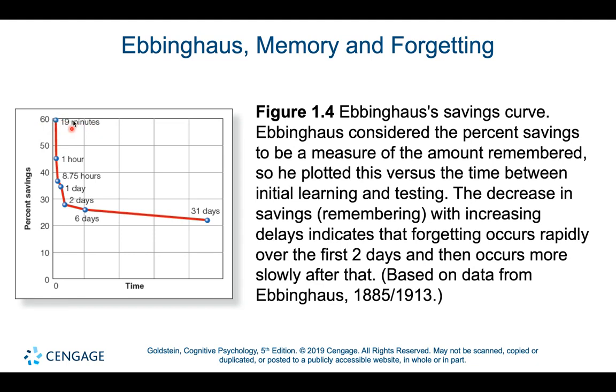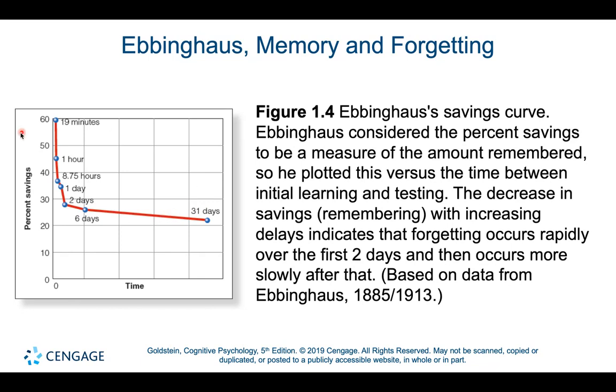After 19 minutes, memory is still really good, but memory drops a lot after only 1 hour. It continues to drop after 8, almost 9 hours, drops over a day interval, 2 days, but then after 2 days, memory kind of levels off. Notice that an interval of 6 days is not much different from an interval of 31 days.